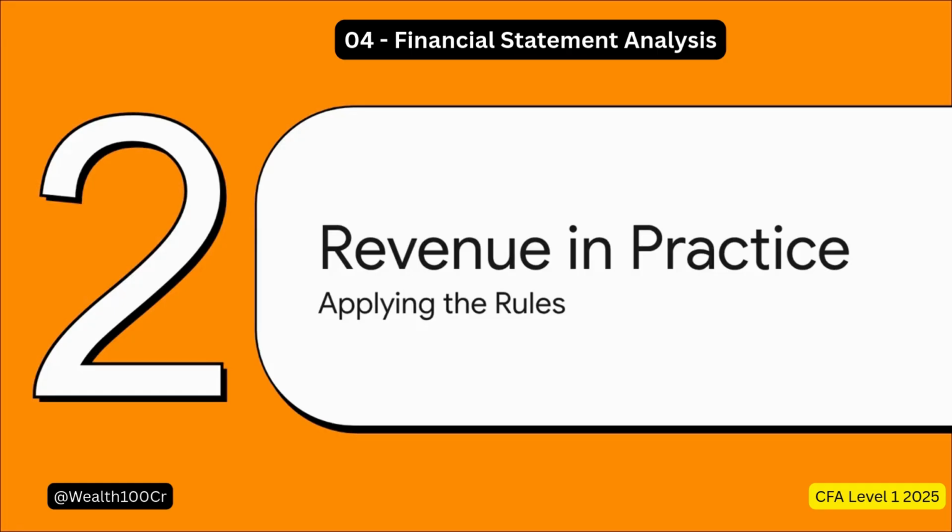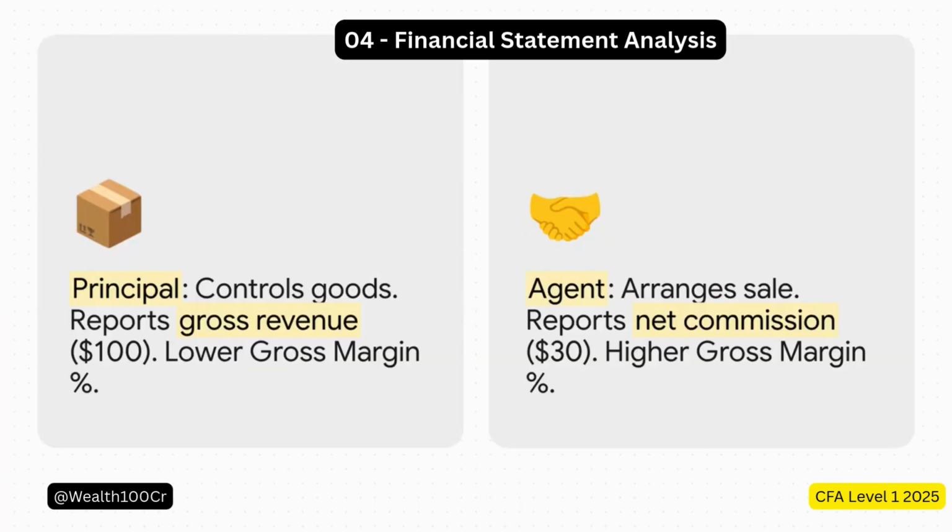All right, theory is great, but let's see how this 5-step model actually applies to the kinds of complex, real-world businesses you'll be analyzing every single day. This distinction is huge. You have to know if a company is a principal or an agent. So for example, when Amazon over in the US sells its own Kindle, it controls the product.